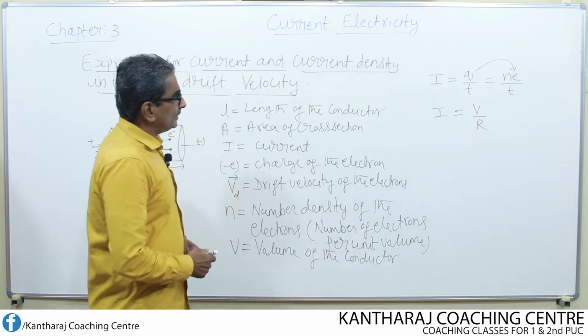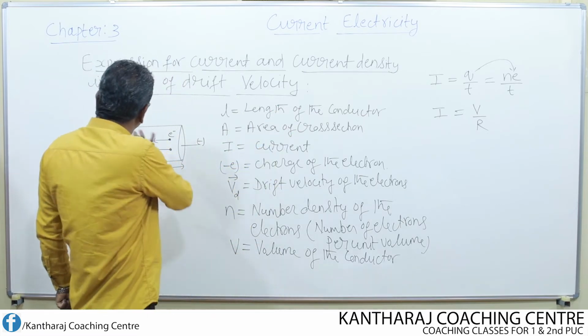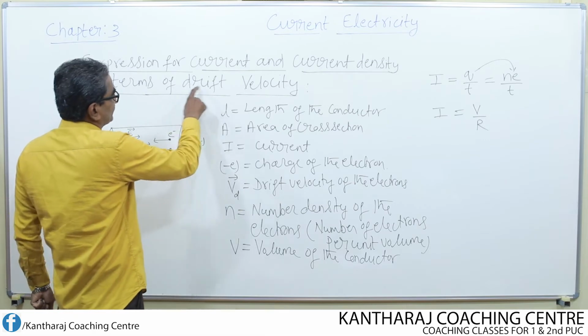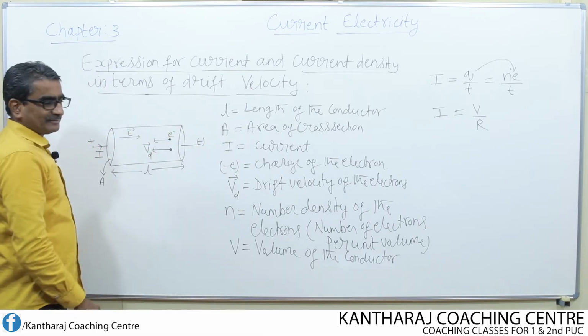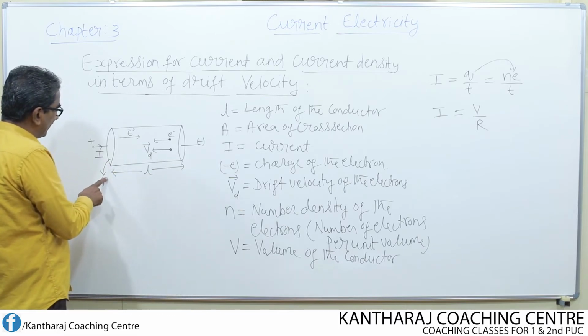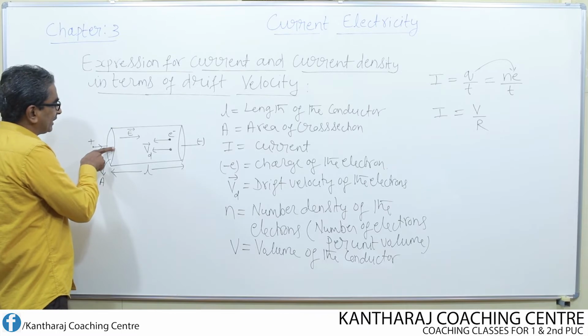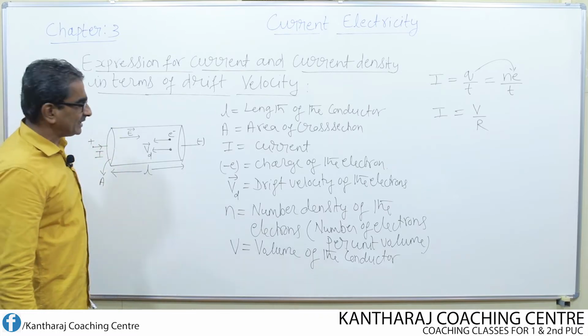Now, let us derive one more equation for the current flowing through the conductor in terms of drift velocity. Let's consider a conductor whose length is L and area of cross section is A. I is the current flowing through the conductor. Because of this current, an electric field is set up inside the conductor.